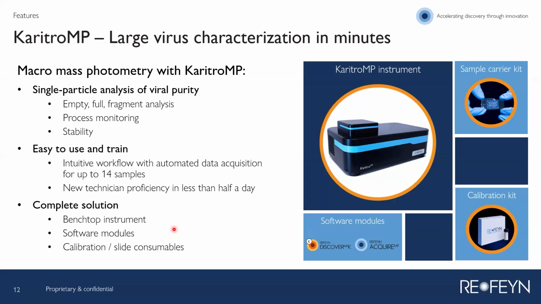And as highlighted in the previous slide, its intuitive workflow and its integrated automated data acquisition for up to 14 samples help it to be easily adaptable into every situation and also easy to train to new personnel. So overall, in a nutshell, KaritroMP is the ideal tool for characterization of large vectors and can all be done in a cheaper, easier, and faster fashion.